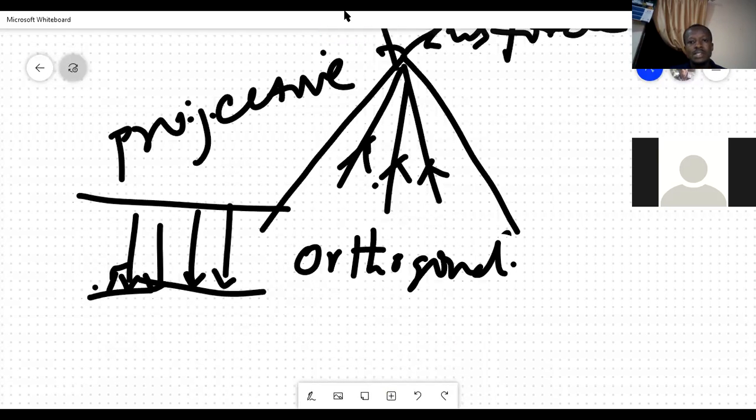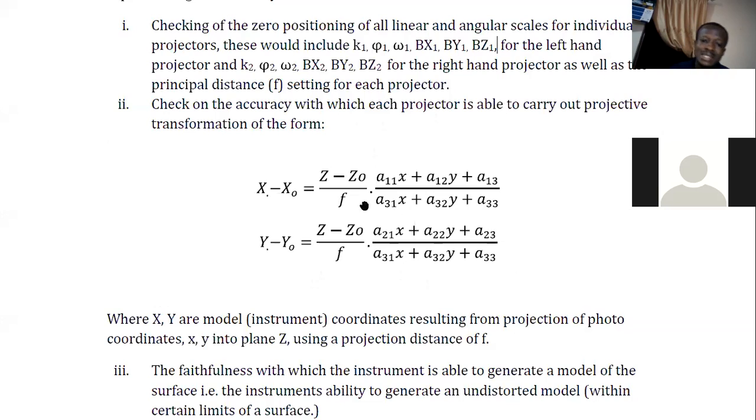So please let's understand that the equation you've seen here is actually referring to such a transformation, where x0, y0 are the coordinates of the exposure station, which later on we are going to give a name to. X0, y0, omega naught, and kappa naught.